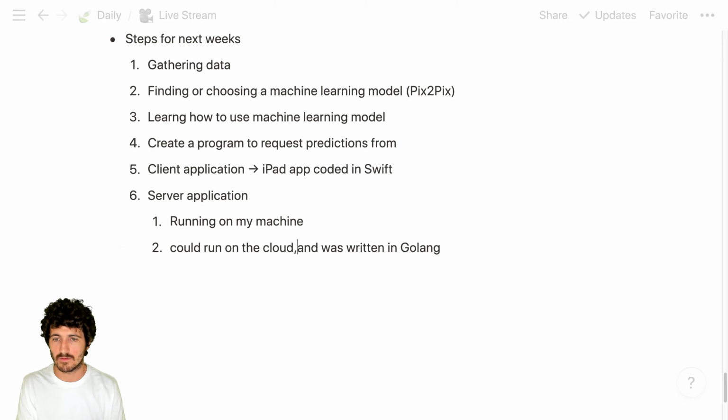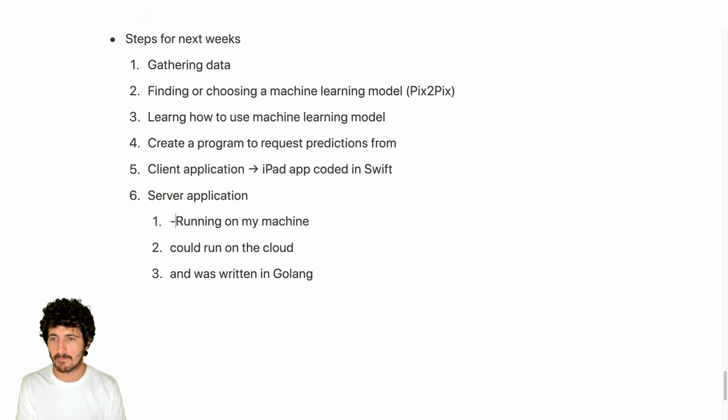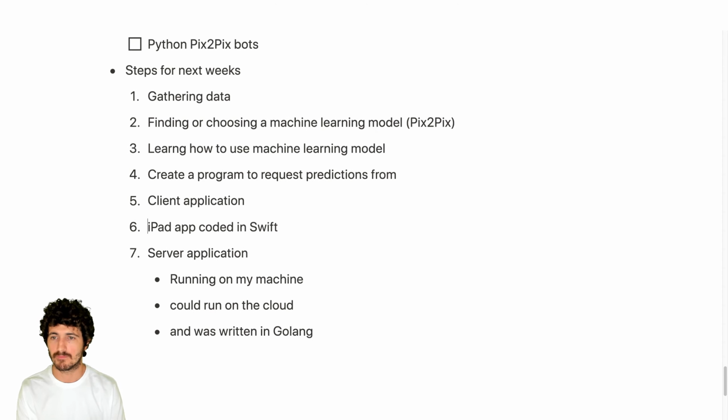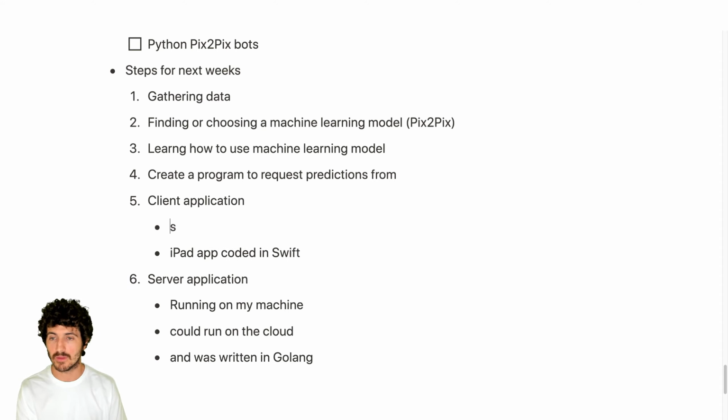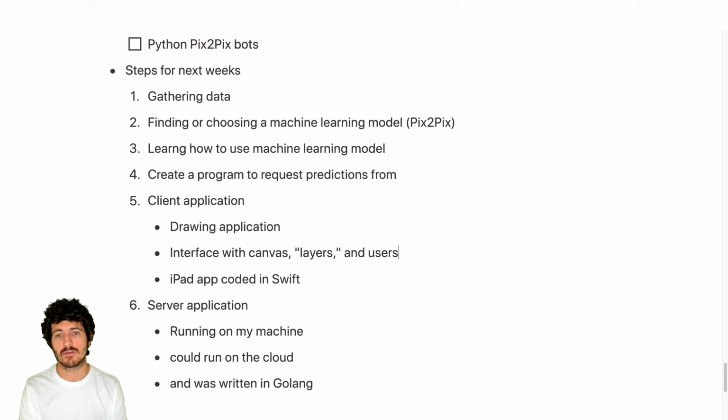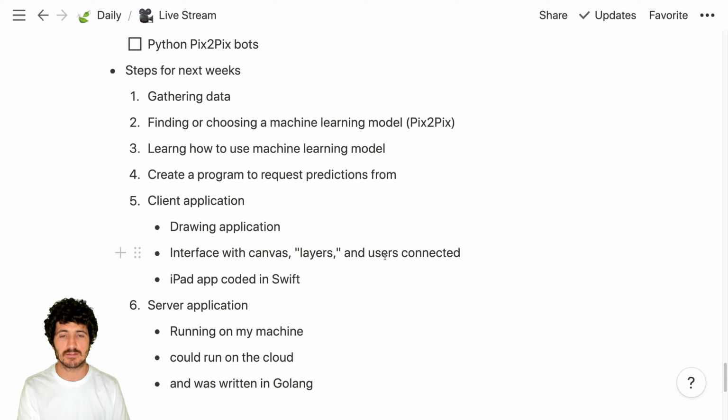So let's just make this here. It was an iPad app, so the client application was actually a drawing application that had the concept of an interface with canvas, well, say layers, and users connected, or agents, right?